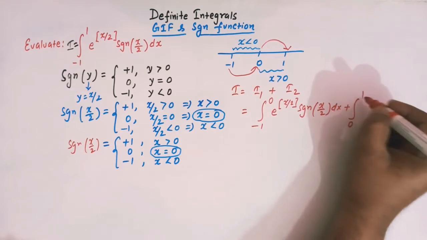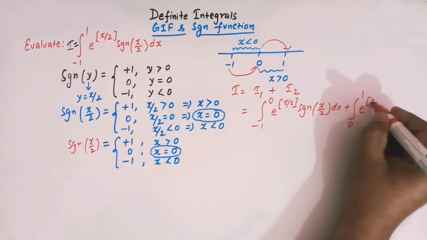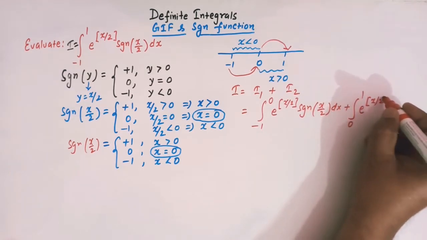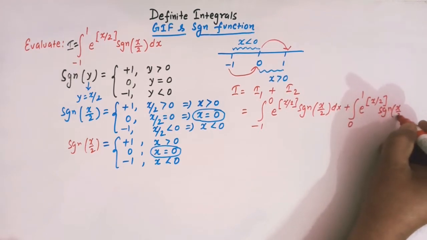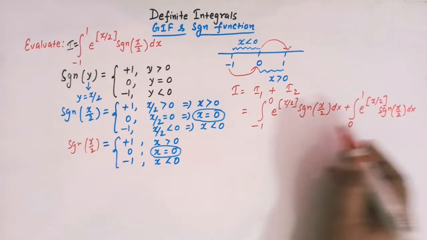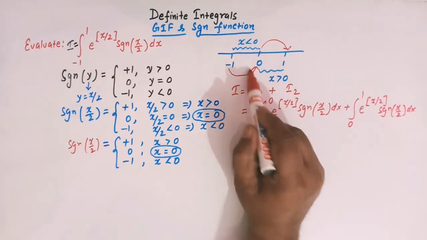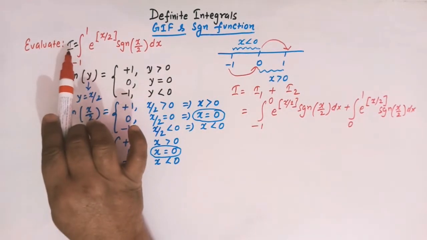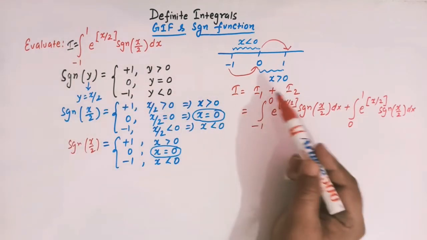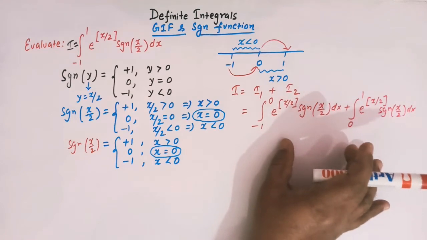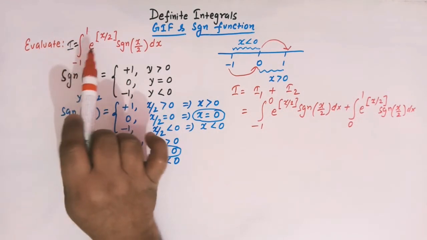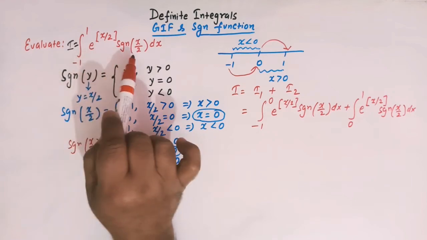So this is 0 to 1, e raised to greatest integer of x over 2, and here we have signum of x over 2, right? So 0 is the point where we have to break this integral I as a sum of two integrals, right? So this is a very important point while solving integrals of this kind, right?